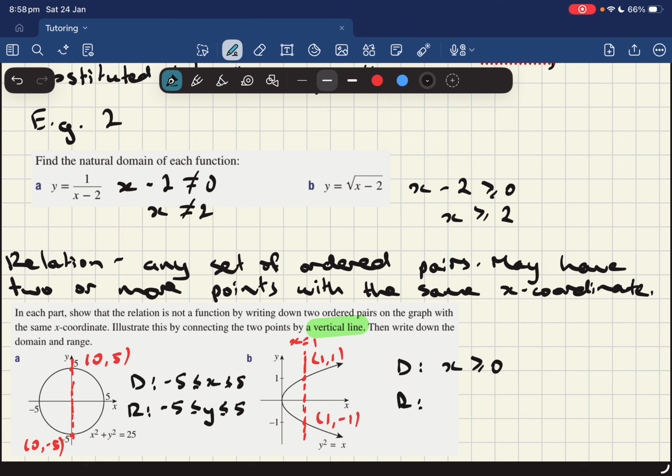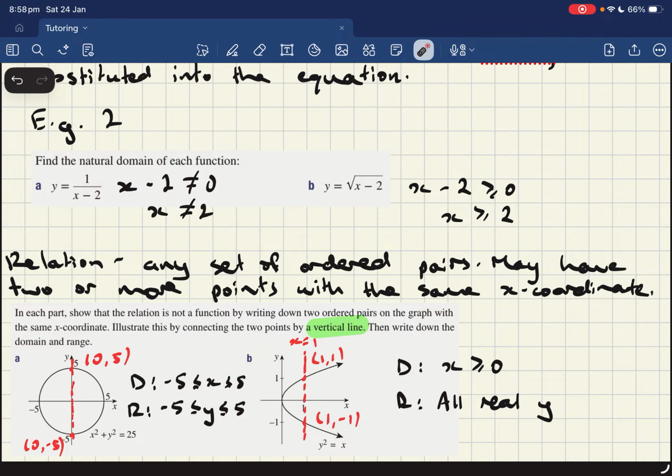And the range is going to be all real y. Because this is just going to continue down into all of the y values that are less than 0, the negative y values, just infinitely, and this one infinitely here. Those arrows on the end of this relation just show us that it goes infinitely in these directions.